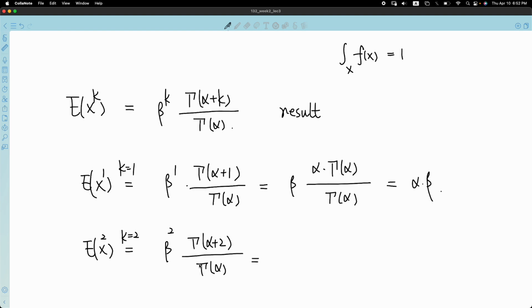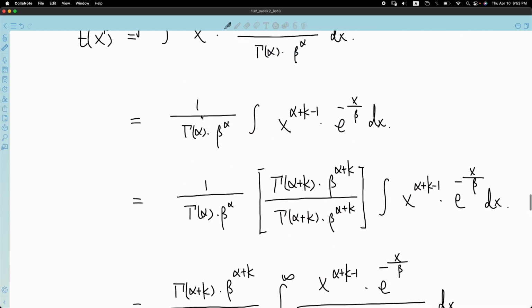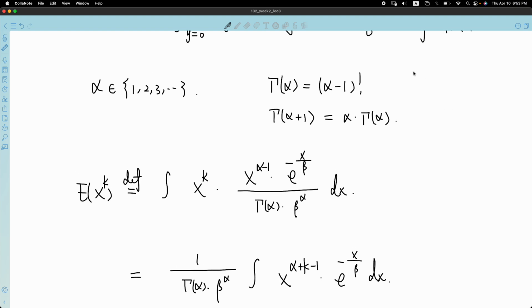Comment? Yes, for the expectation of x to the k, when alpha is an integer, could we reduce it to alpha plus k? That fraction? Using the first property, you want to use the factorial?